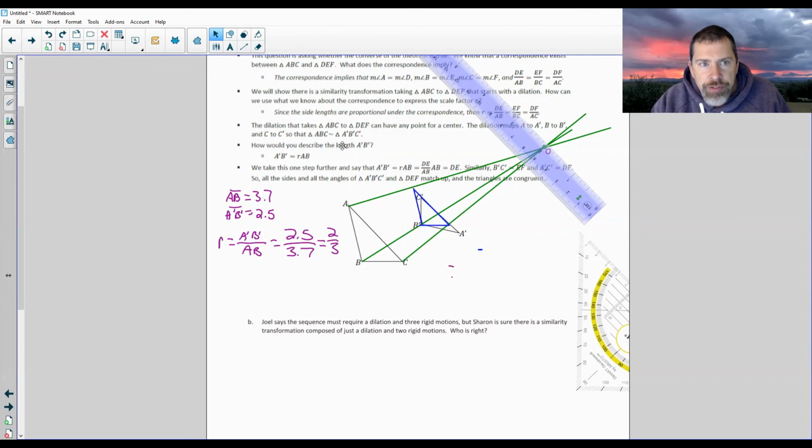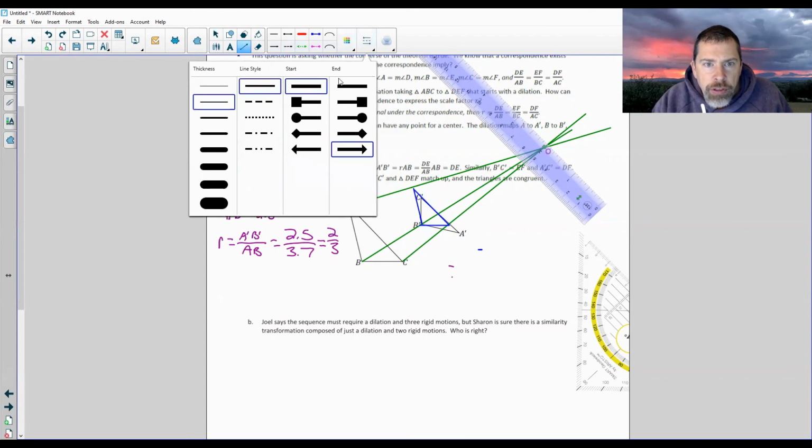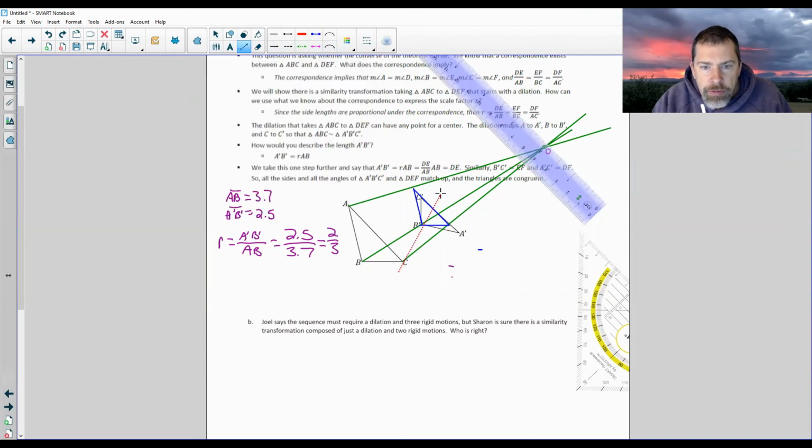We could find the line of reflection, which would look like going through B. So I'm not going to take the time to do it because we've done it and done it and done it.